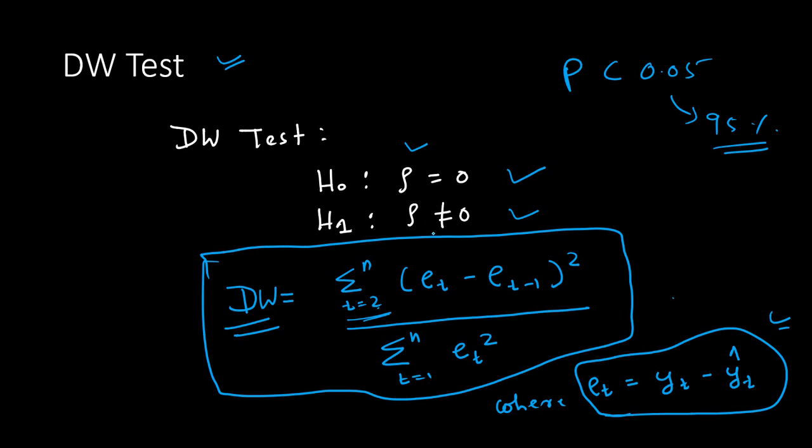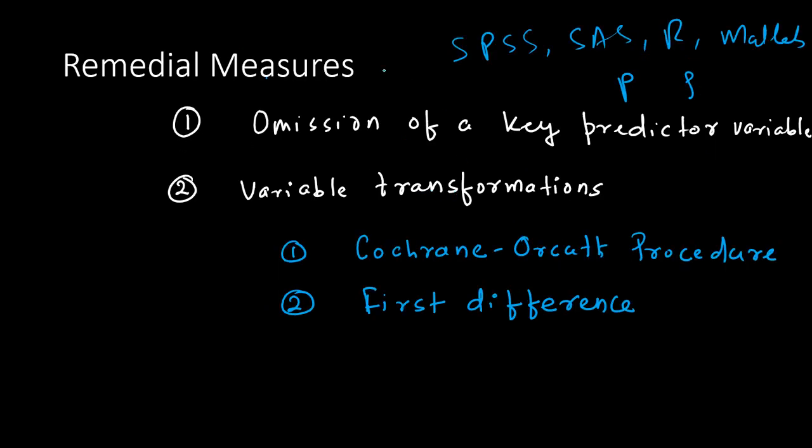And remember one thing: if rho is significant, only then you can be sure that there is presence of autocorrelation. If at all there is a presence of autocorrelation, it is going to be problematic. You cannot use an ordinary least square regression equation to build a forecasting model.